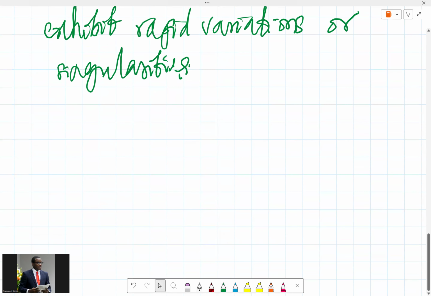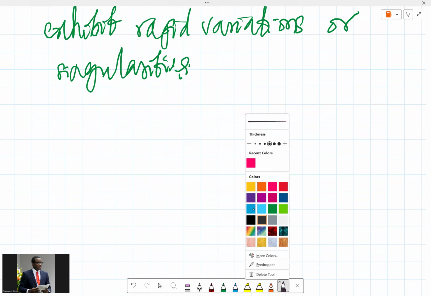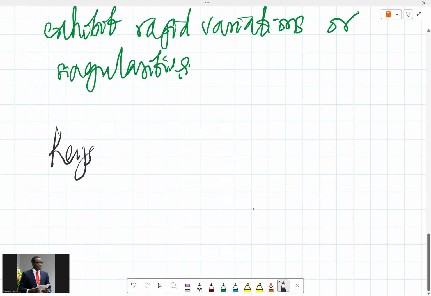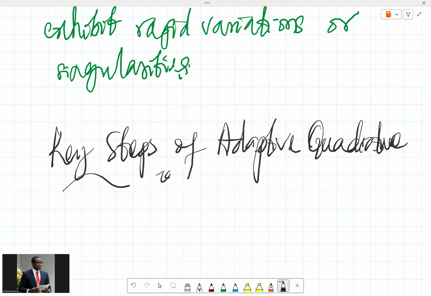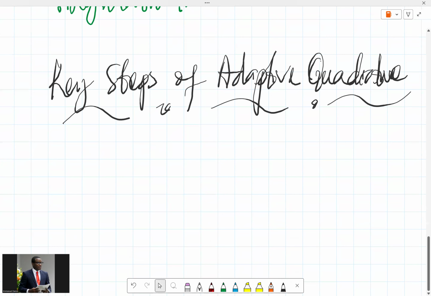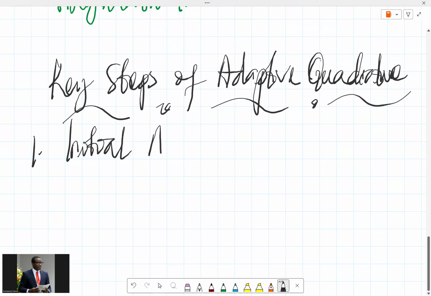Okay, so let's look at some key steps of adaptive quadrature. So we have the initial approximation.